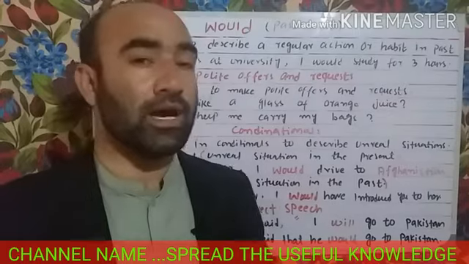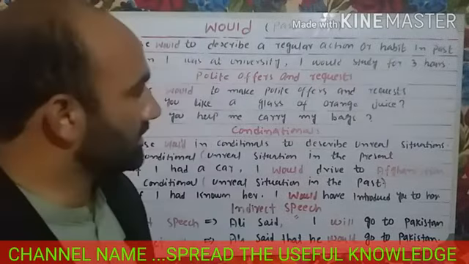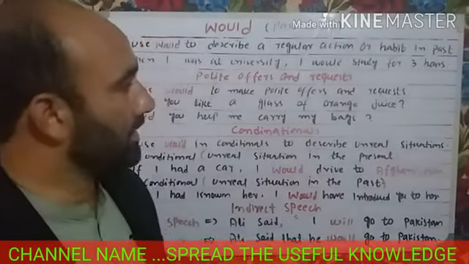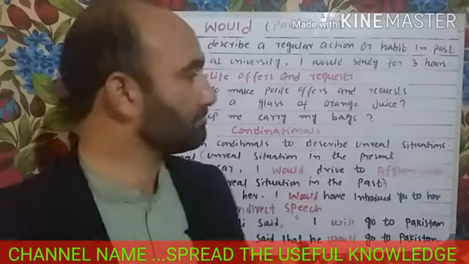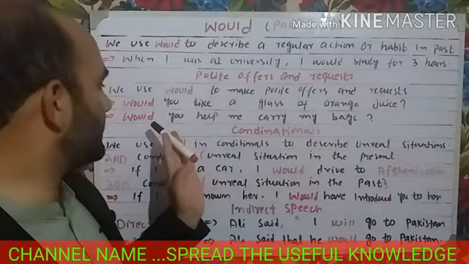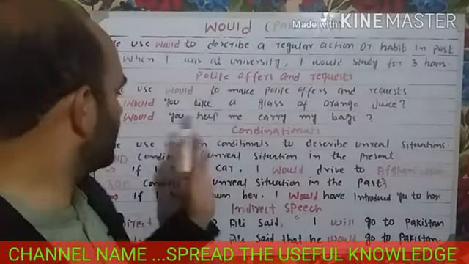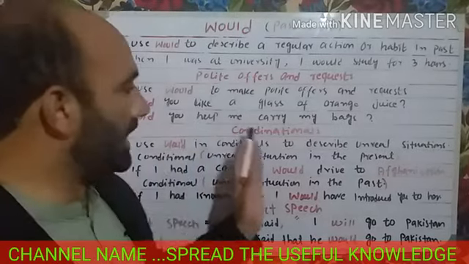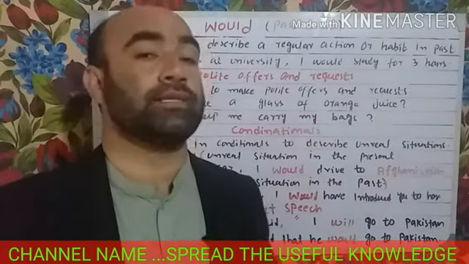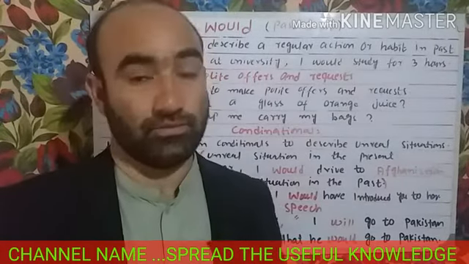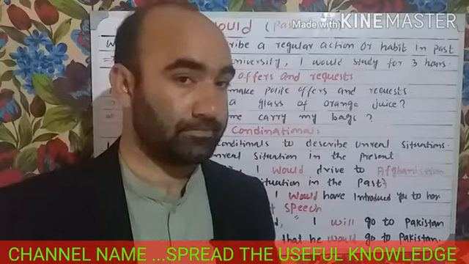Here we are making an offer to someone about orange juice. Another sentence for a request: would you help me carry my bags? Whenever you are making a request to someone, we use would for that purpose.